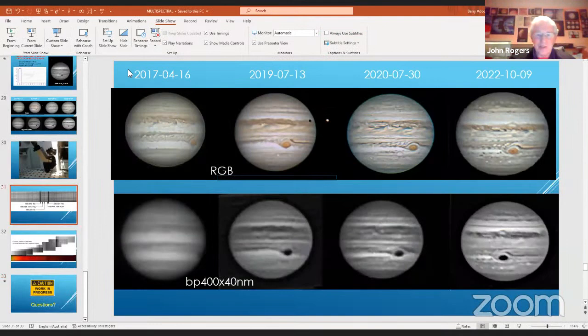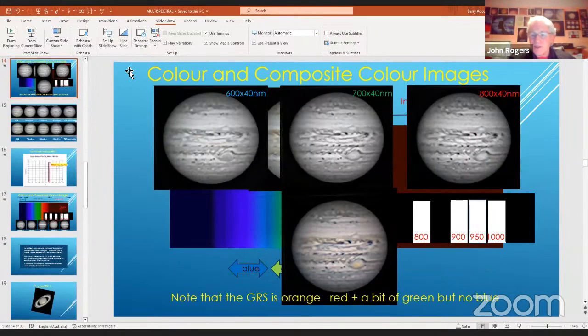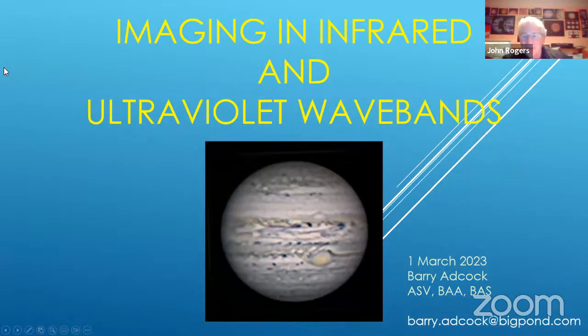And he's been doing false color combinations and subtractions to bring out subtle differences within those spectral ranges. So he has a calibrated record that goes back several years, which I think is likely to be particularly useful for analysis of the atmosphere. So without further ado, I'll ask Barry Adcock to present his talk on imaging in infrared and ultraviolet wavebands.